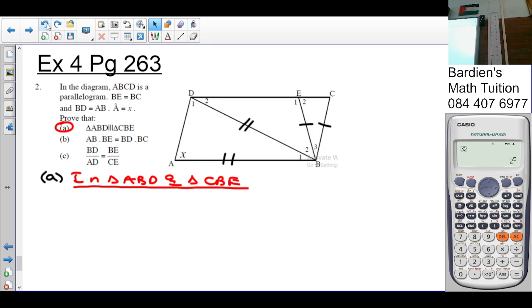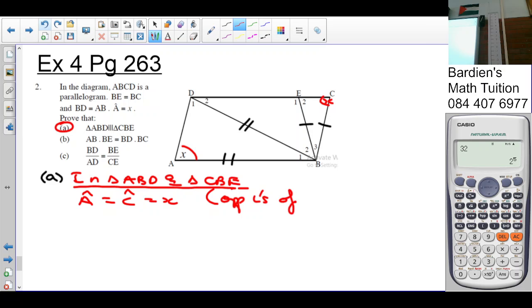Okay. So let's write this out neatly. Firstly, we see that angle A is equal to angle C. Why is that the case? Opposite angles of a parallelogram.